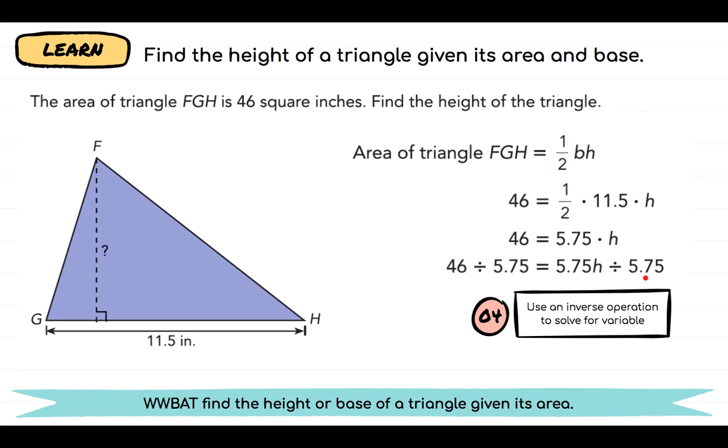When you are dividing by the coefficient, you're dividing 5.75 by 5.75. Remember that we have to divide it from both sides so that the two sides of the equation are still equal.